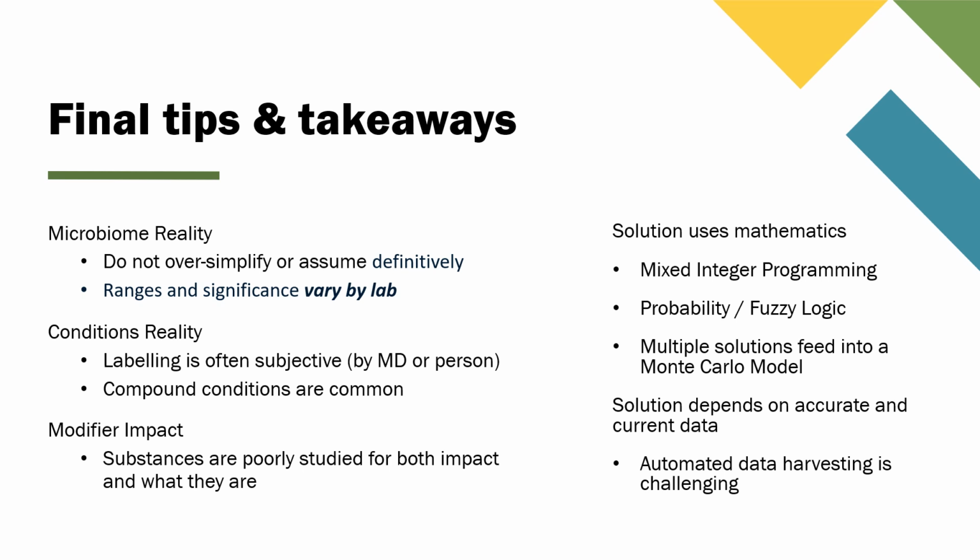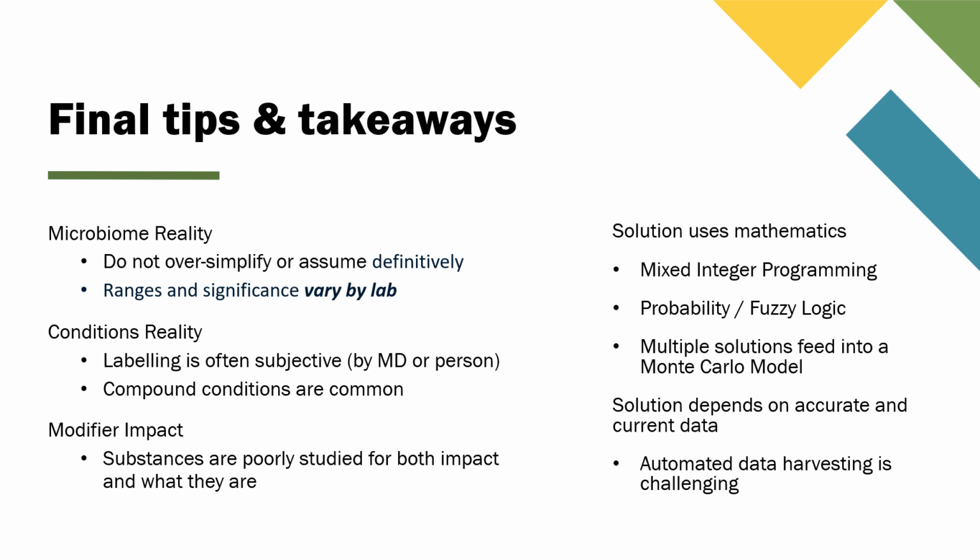The catch is, I've demonstrated we can solve this problem. Not easy, not trivial, and you have to be flexible in terms of how you think about solving it. Modifier impacts are pretty studied for both impact and what is the active component. If you're dealing with a herb with multiple compounds, which one is the one doing it?